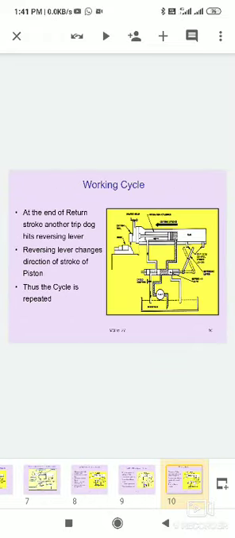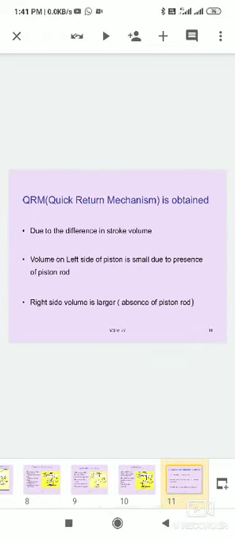Then, in the quick return mechanism, QRM, the quick return is due to the difference in stroke volume. The volume on the left side of the piston is small due to the presence of the piston rod.